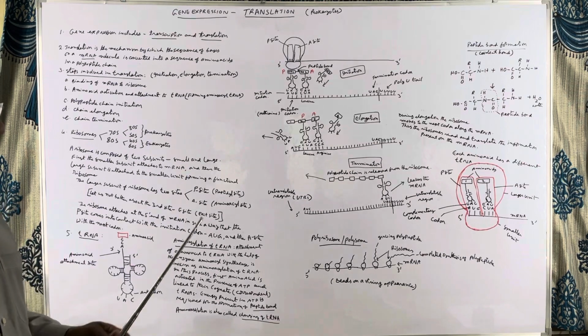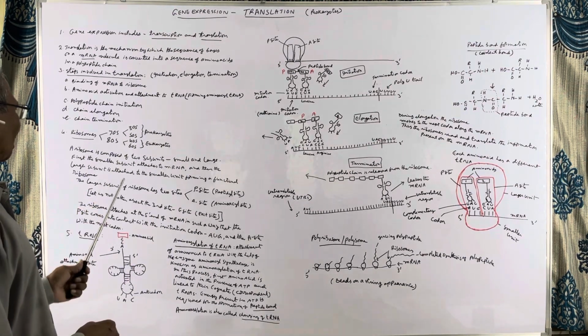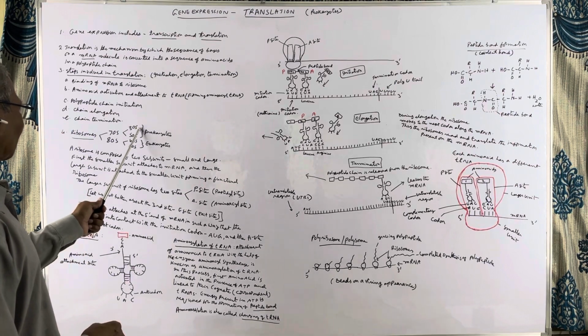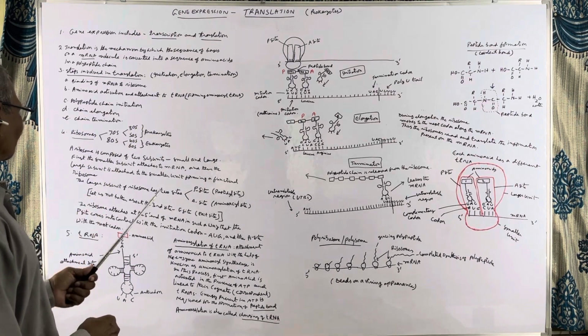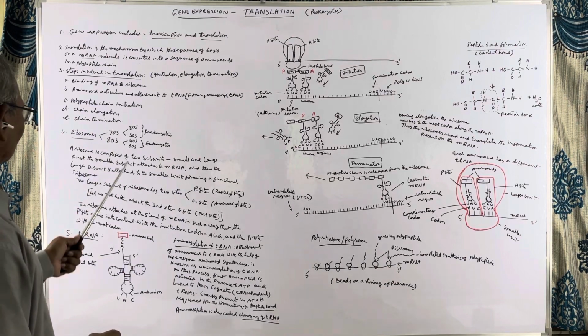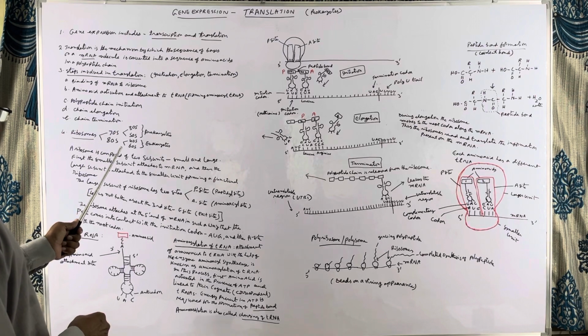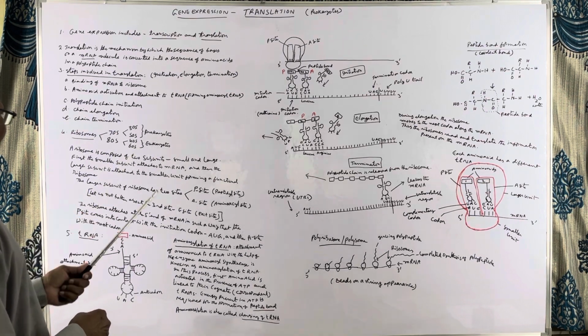Each ribosome is made of two subunits or two particles, one smaller particle, one larger particle. The subunits of the 70S ribosomes are 30S and 50S, and the subunits of 80S ribosomes are 40S and 60S.